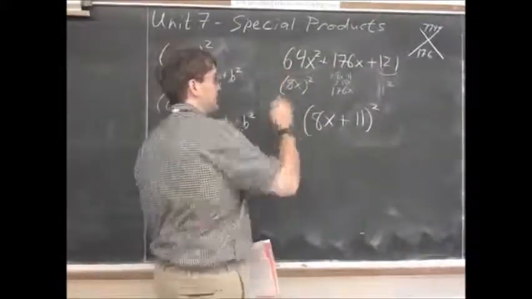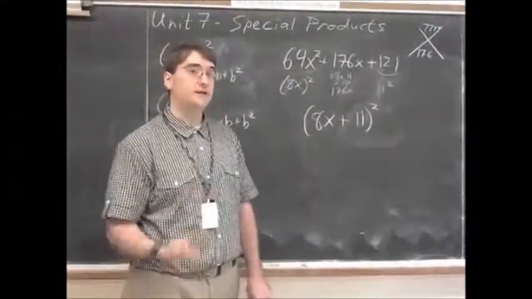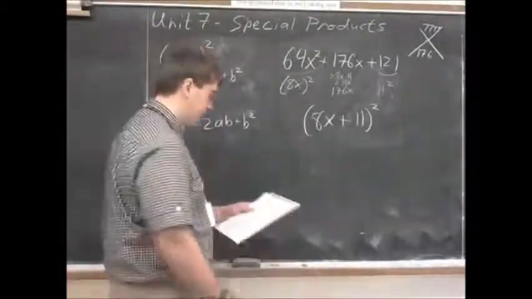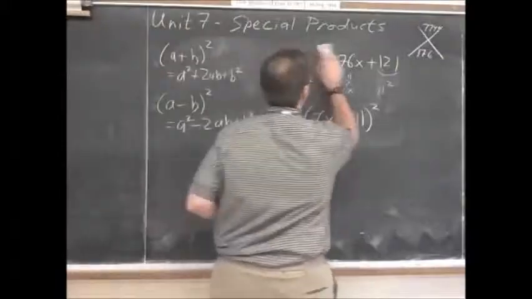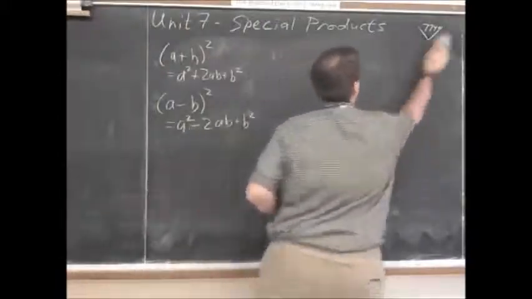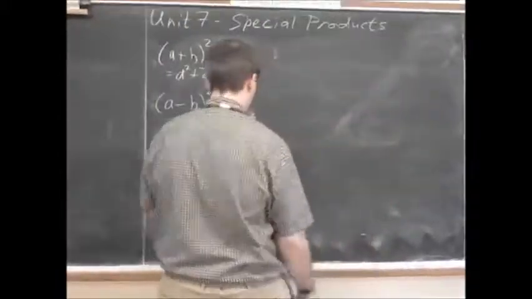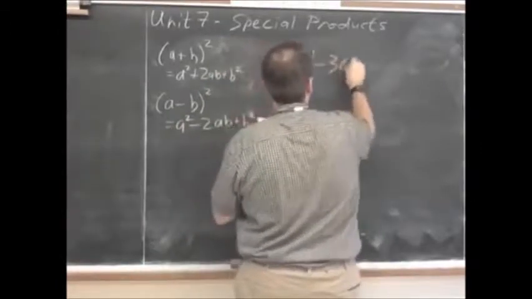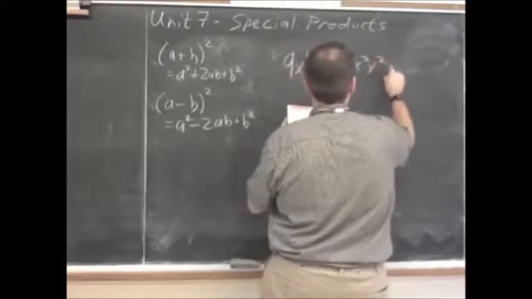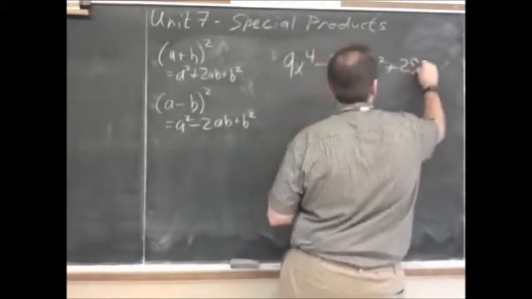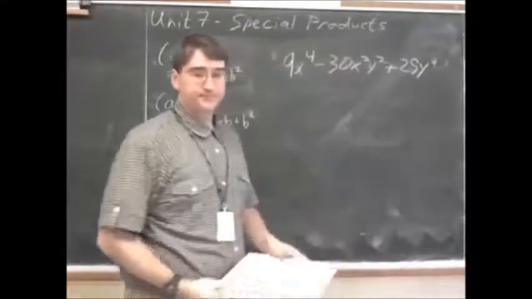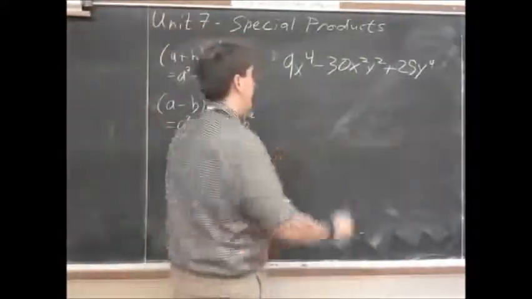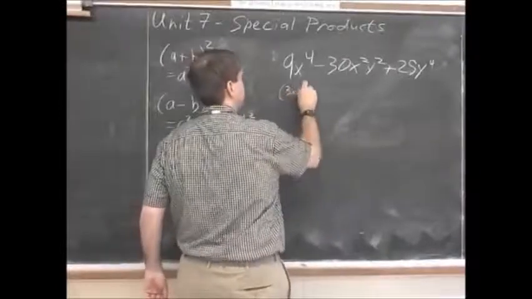When you can identify these types of things on sight, factoring them becomes a lot easier. We'll do one more example: 9x to the 4 minus 30x squared y squared plus 25y to the 4. 9x to the 4 is the square of 3x squared.